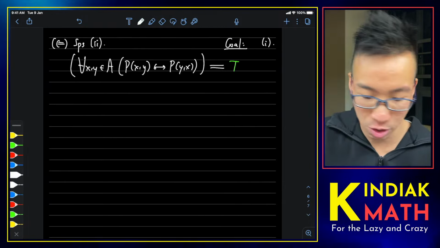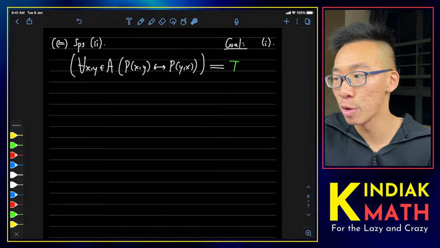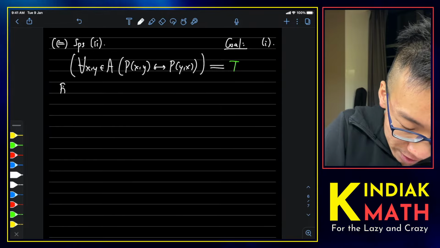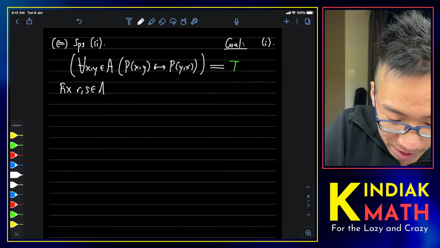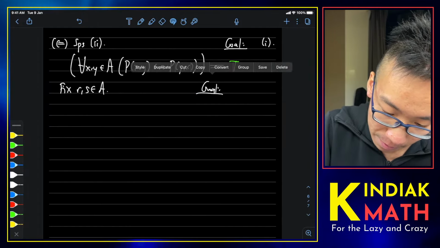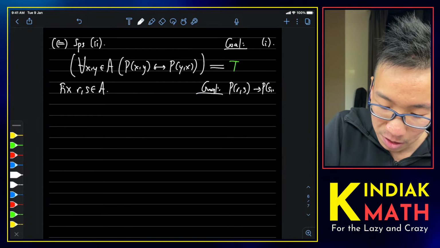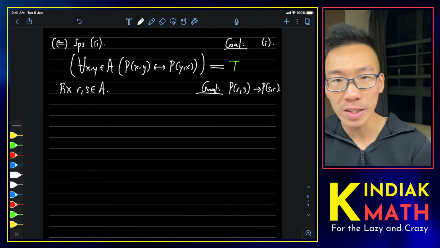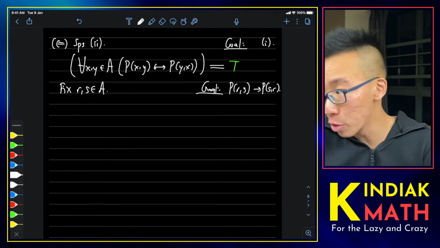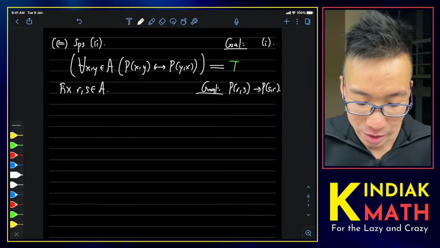The goal is to show 1. If we reinterpret 1, it means if we fix R and S in A, we want to show that PRS implies PSR. At this moment, you could break down this problem once again and prove it just like we did just now.